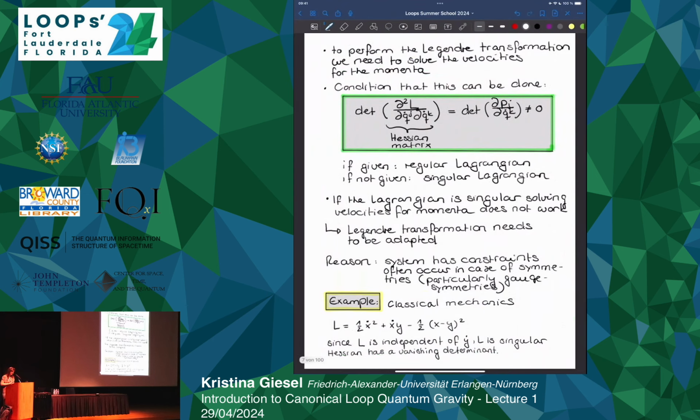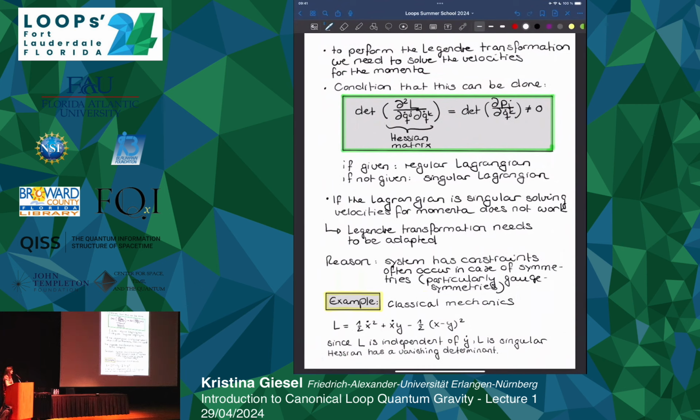If the determinant is vanishing, this is not possible for all involved velocities, and this indicates that we will have constraints in this system. So we would call a Lagrangian where this is satisfied regular, and where this is vanishing singular. Just take a very small example here from classical mechanics of this Lagrangian, which has a standard kinetic term in x, then a mixed term of x and y, and some potential term.